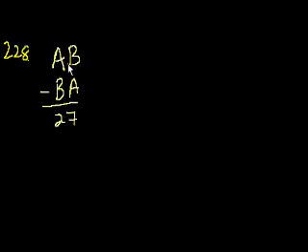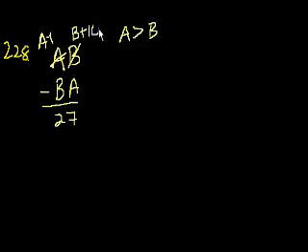So if we assume that AB minus BA is a positive 27, then that tells us that A is greater than B, or B is less than A. So when we're doing the subtraction problem, when we do the ones place, if B is less than A, we're going to have to borrow. So if we borrow, this A becomes A minus 1, and the B becomes B plus 10. And then we'd be ready to subtract.